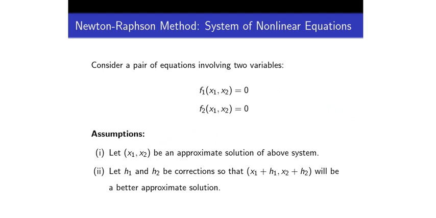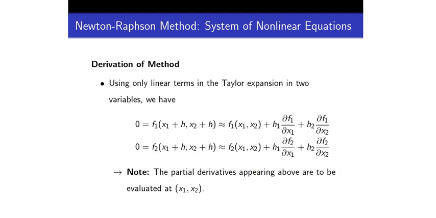At this better approximation, the f1 and f2 values are almost equal to 0, and we use the Taylor series expansion for this, and then linearization. Note that the partial derivatives have to be evaluated at the point x1 comma x2, since you are expanding the Taylor series about the point x1 comma x2.